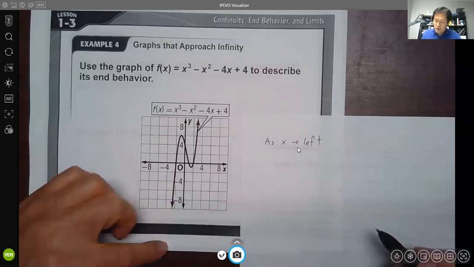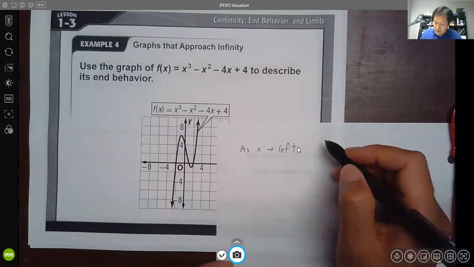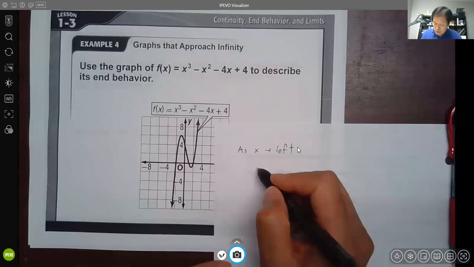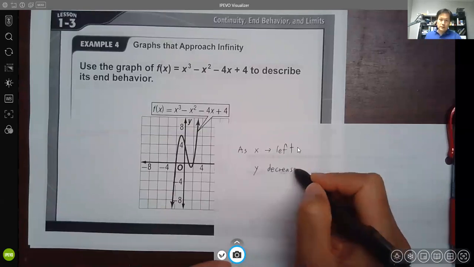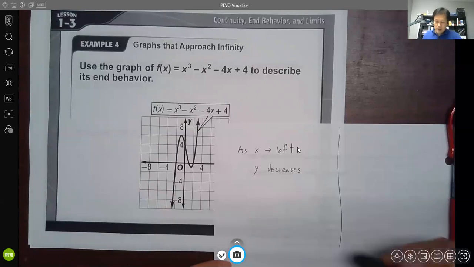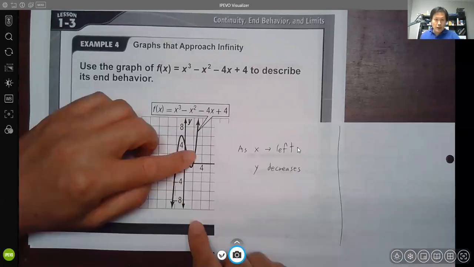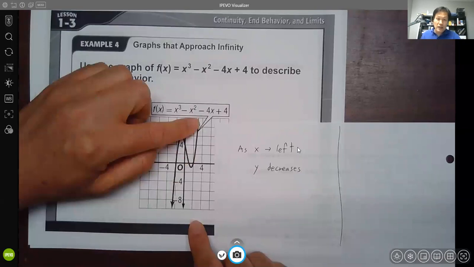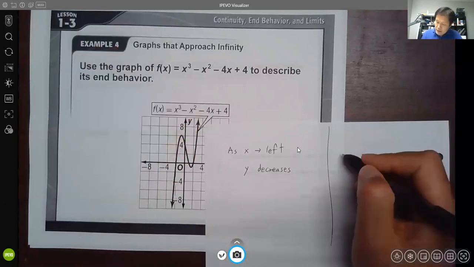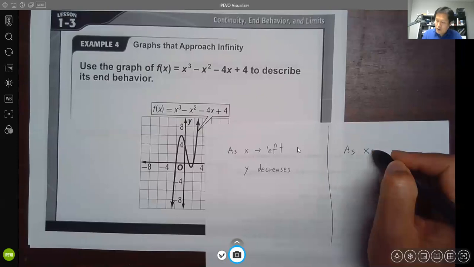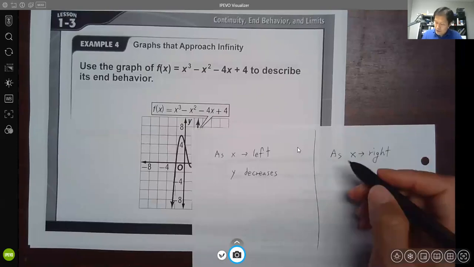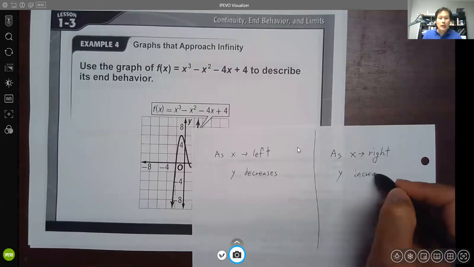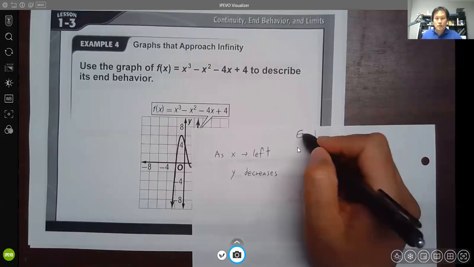So y decreases. Okay, as you go to the right, what happens to the y? Y increases. As x approaches the right, y increases. That is end behavior.